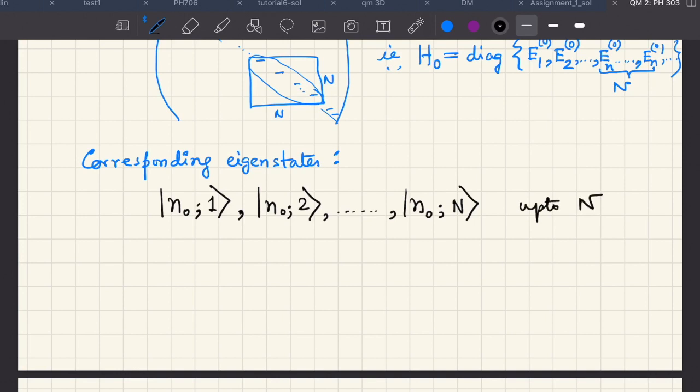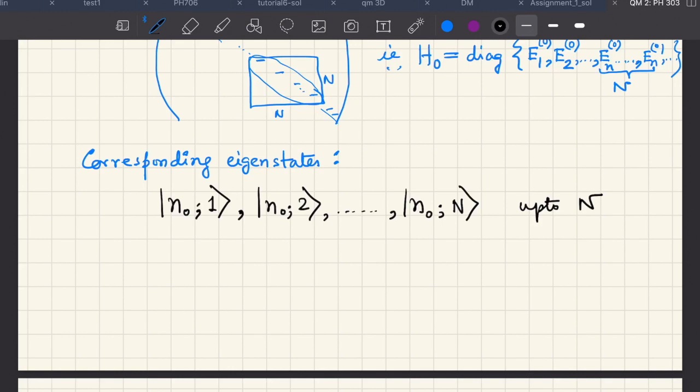So there are two labels that we are using to denote the degenerate states. There are capital N states having the energy E_n^0, and this value is the same for all these different states. We are separating these states by the numbers 1, 2, up to N.